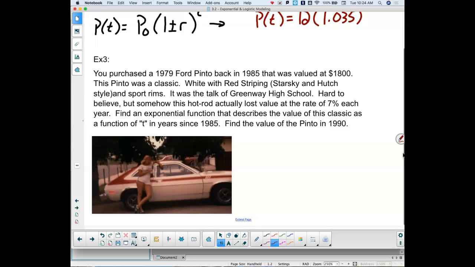This Pinto, classic. White with red striping, Starsky and Hutch style, and sport rims. It was all the talk of Greenway High School in Duluth. Hard to believe, but somehow this hot rod actually lost value at a rate of 7% each year. What I would like you to do is find an exponential model that describes the value of this classic as a function of t in years since 1985, and then find the value of the Pinto in 1990.